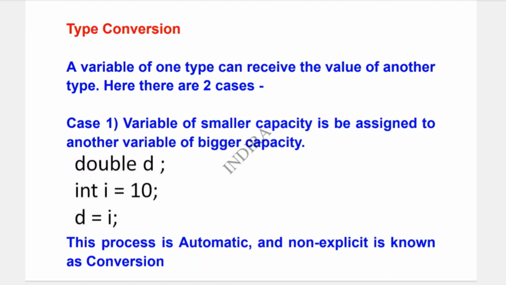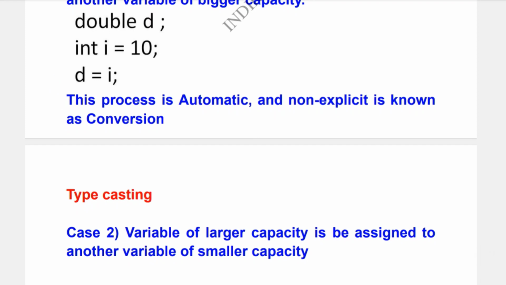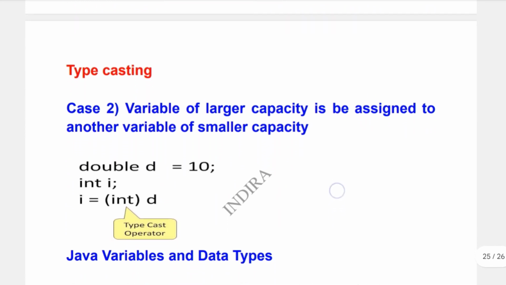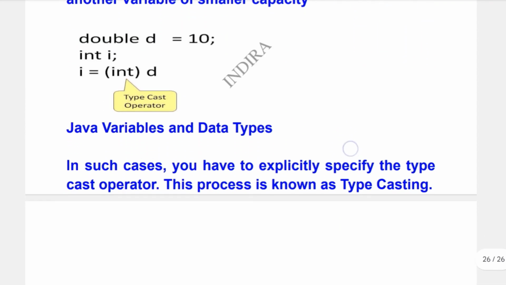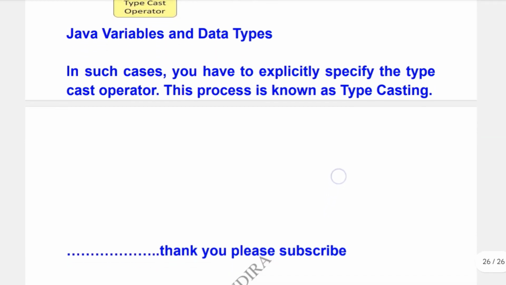Taking a smaller capacity variable and assigning a higher value is type conversion. Whereas in casting, taking a larger capacity variable and assigning a smaller value is known as typecasting.